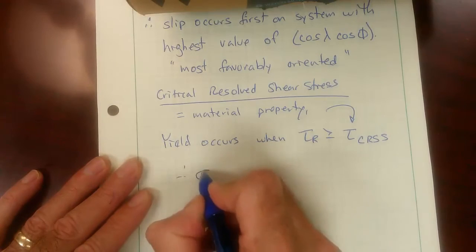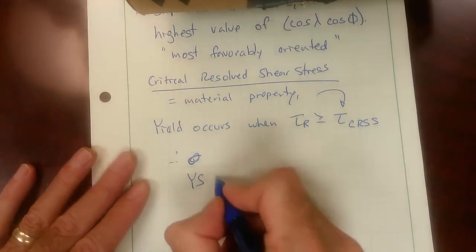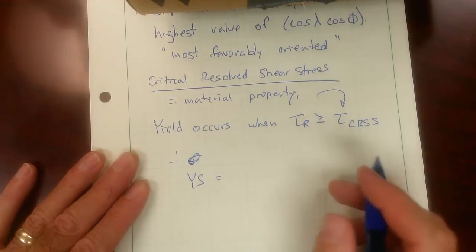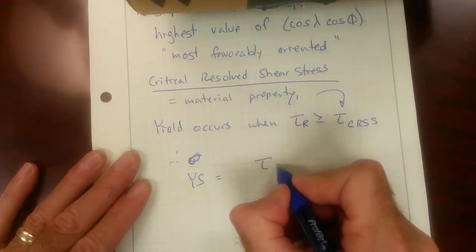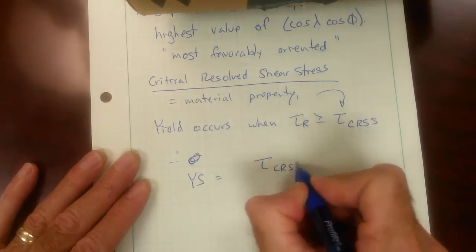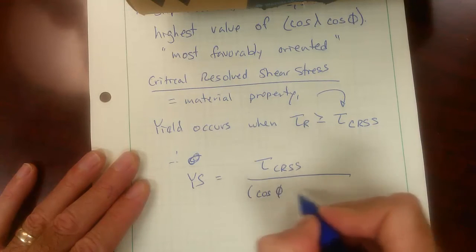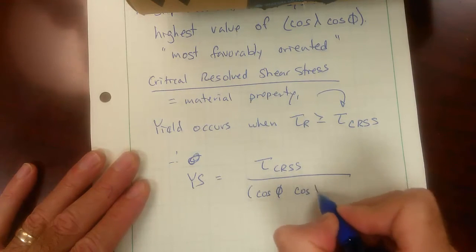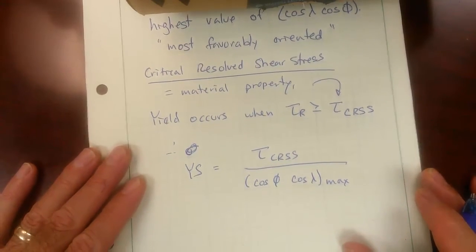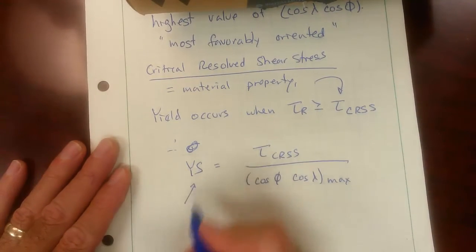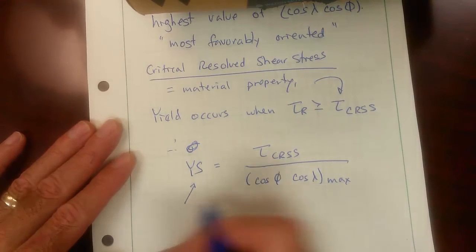So if we solve for the yield strength from the previous equation with the cosine lambda and cosine phi, I get the yield strength is the tau CRSS divided by cosine phi cosine lambda max. So in a single crystal, the yield strength depends on the crystal's orientation.